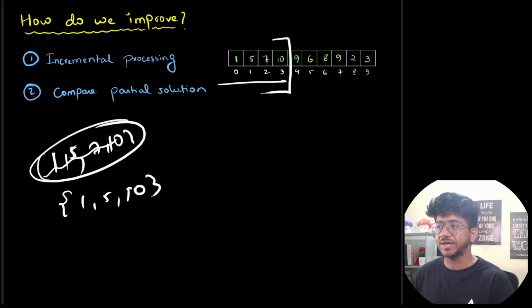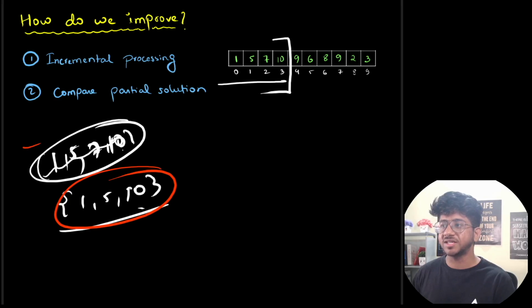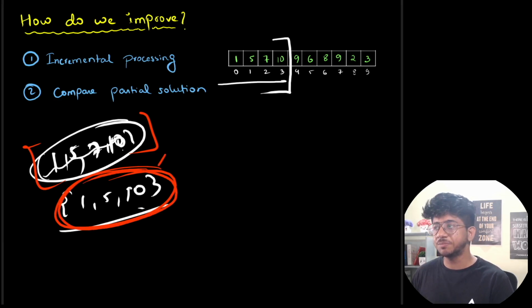One is 1, 5, 7, 10. Other is 1, 5, 10. Which one do you think would be relevant for our solution and which one would not be? Going forward, if you append new elements one by one, is there any point in keeping this one provided that this is present? Does it even make any sense to keep this particular thing available, or to try and extend it if this is available?